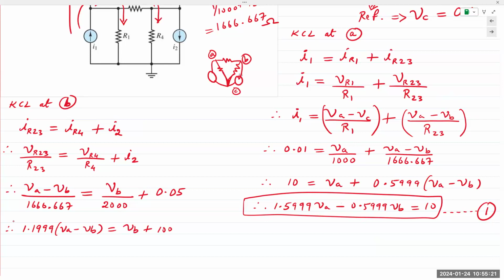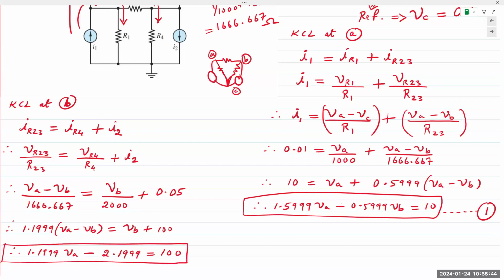I rearrange the terms and I get 1.199 VA minus 2.199 VB is equal to 100. And this is my equation number 2. Oh, it should be VB.